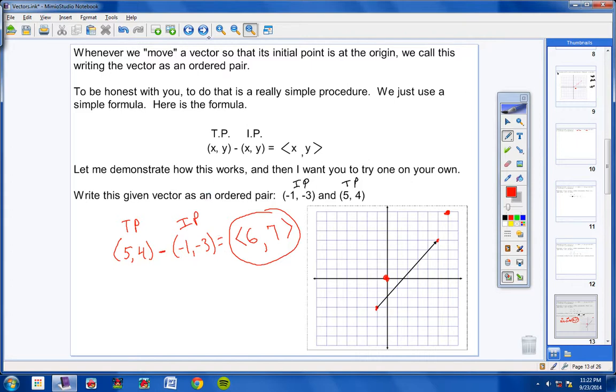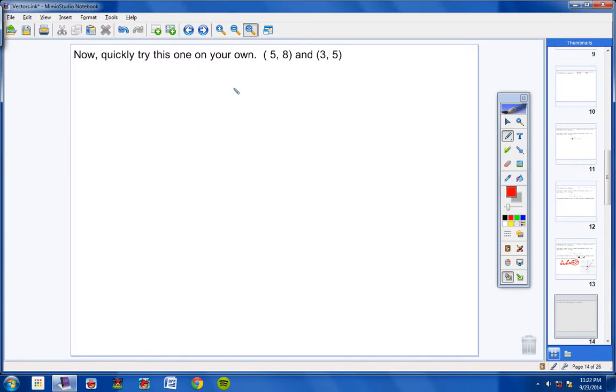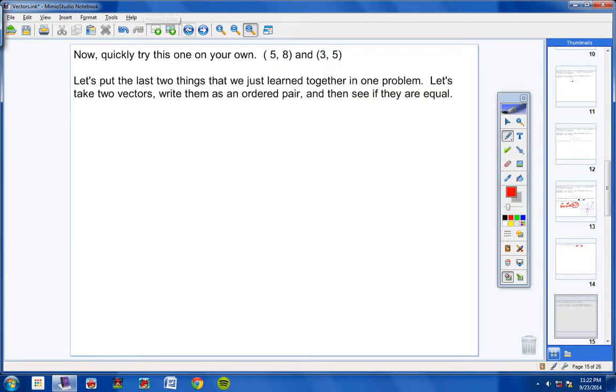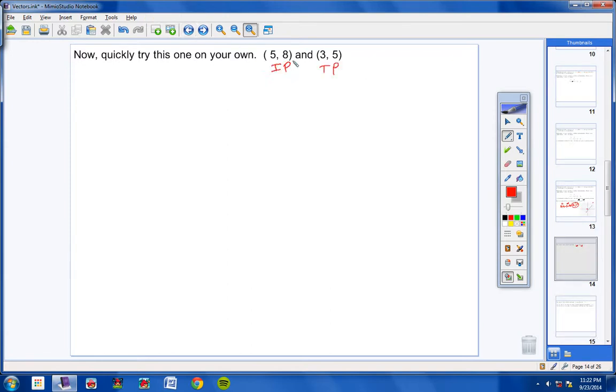All right, let's go ahead and continue on. Now I want you to try this one on your own. We're going to assume this is our initial point, and we're going to assume this is our terminal point. I want you to write this vector as an ordered pair. So go ahead and do that now, students, on your own.